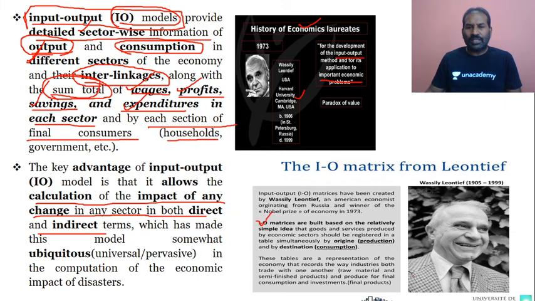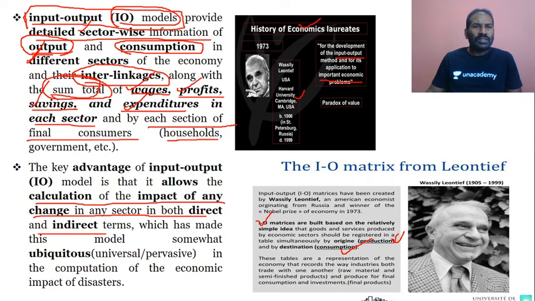So this is based on production and consumption. If there is a question on the IO matrix from Vasily Leontief, it is between production and consumption.